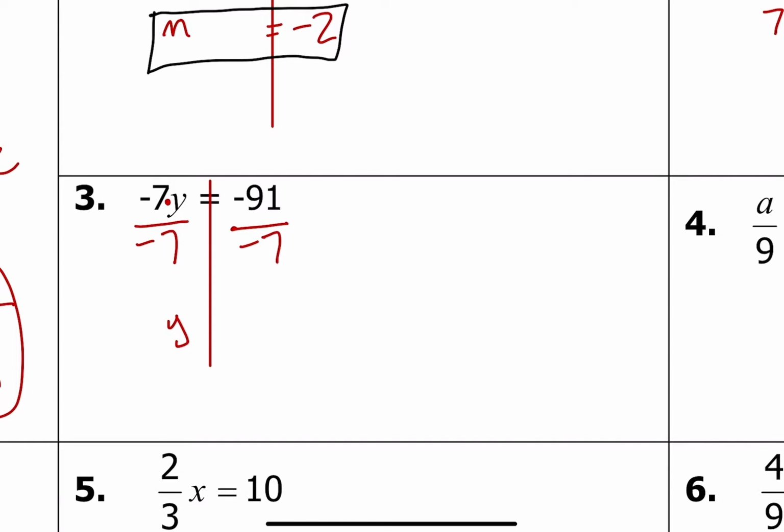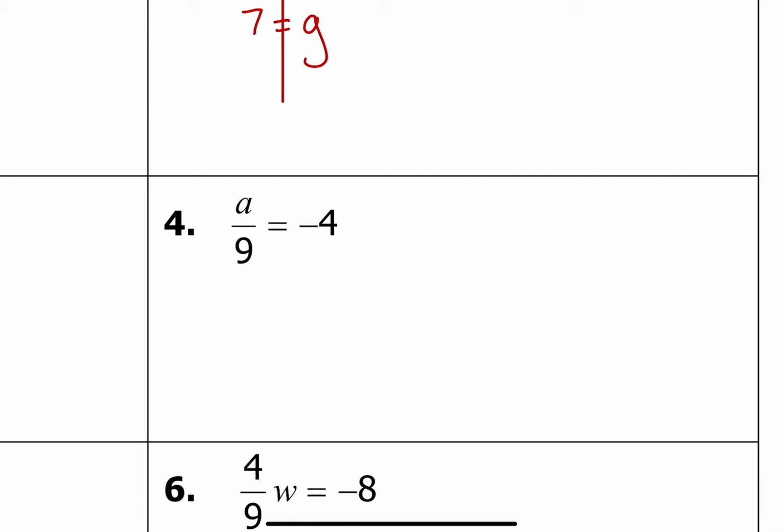We can also cross those out just to show that we used those already, or that we got rid of them. All right, so now we need -91 divided by -7. If you don't know that off the top of your head, that's okay. You can use a calculator, and you'll find that it's 13. So y equals 13. The one step we did was division. Okay, let's take a look at another one.